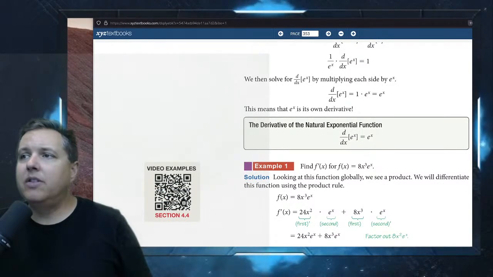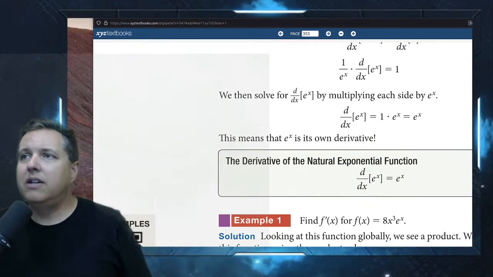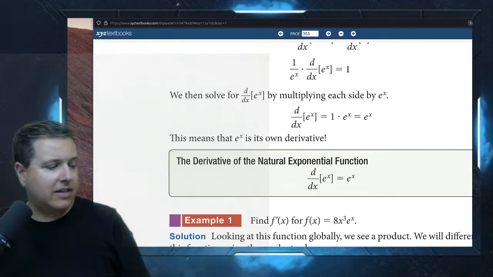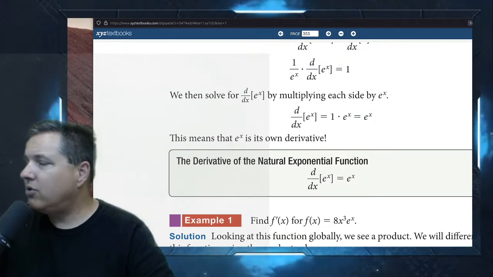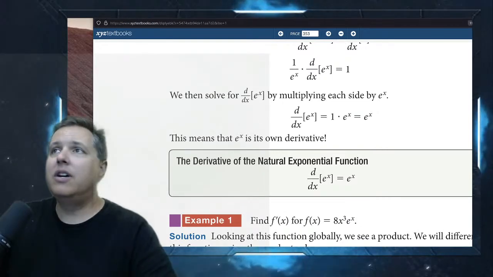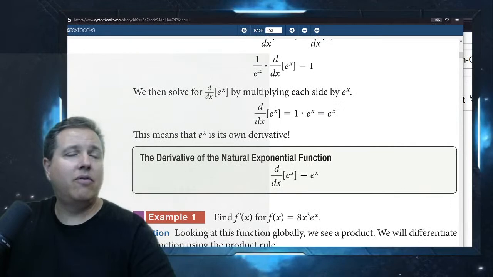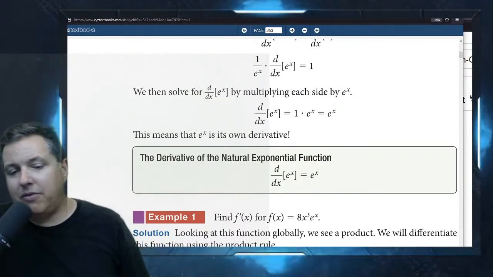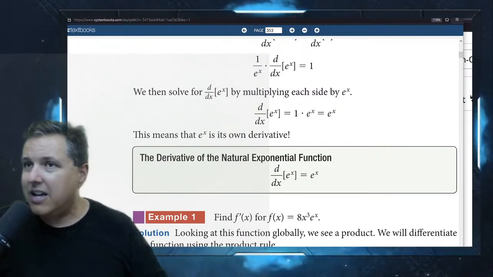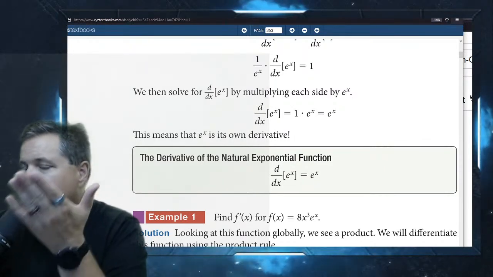But this one's nice because the derivative of e to the x is e to the x. So when you run across e to the x and you have to take its derivative, it's real easy. The derivative of e to the x is e to the x. Now be careful, it's kind of like the derivative of the natural log of x being 1 over x. This is like the simplest case.